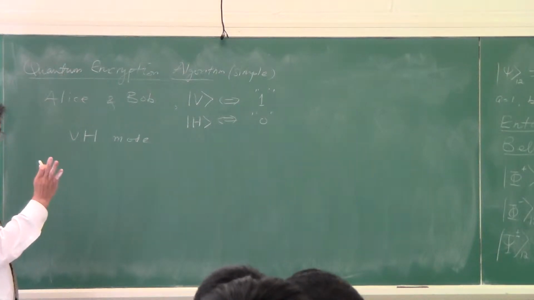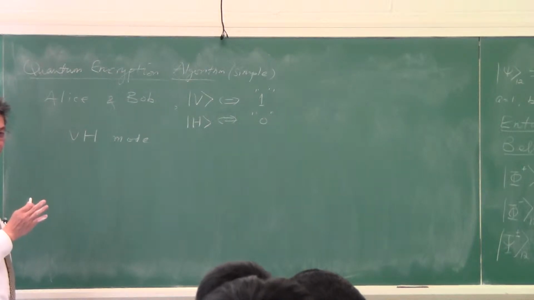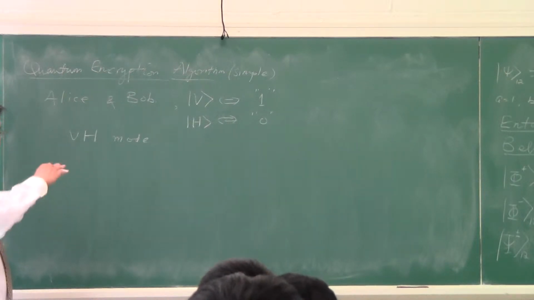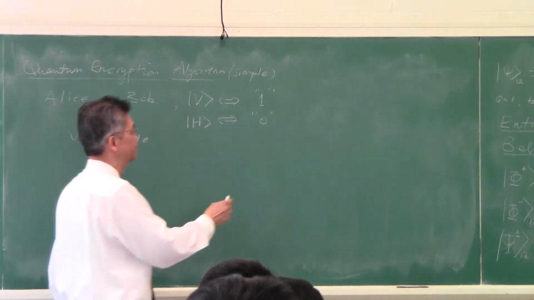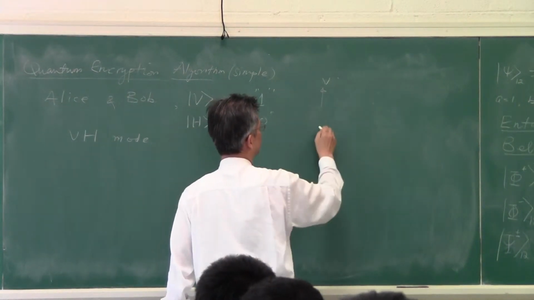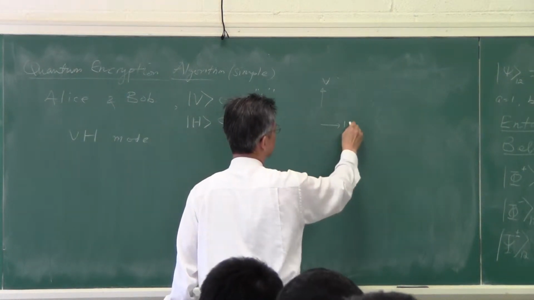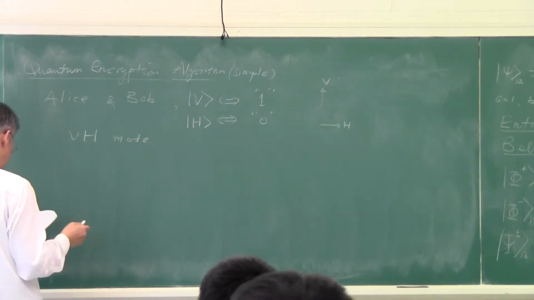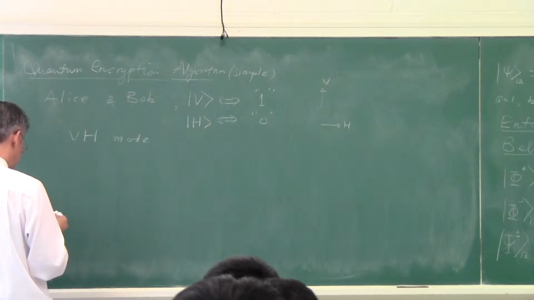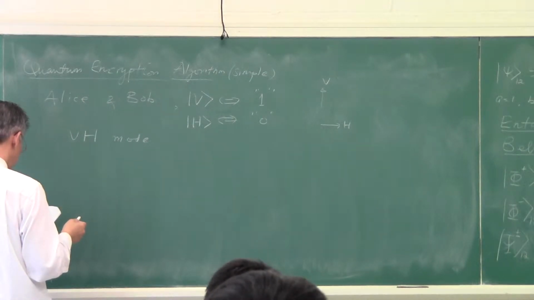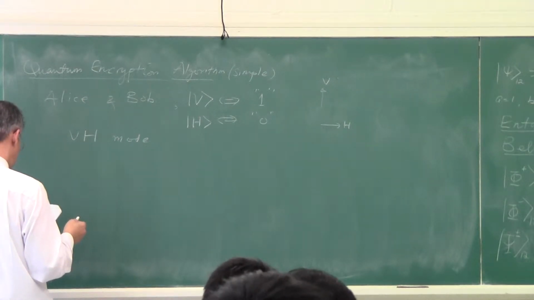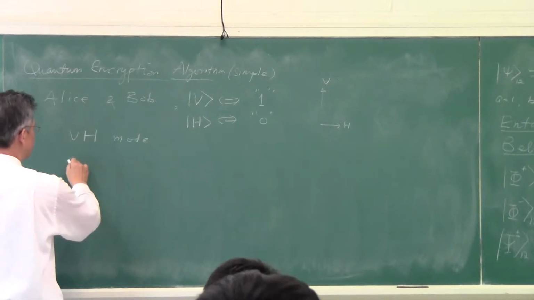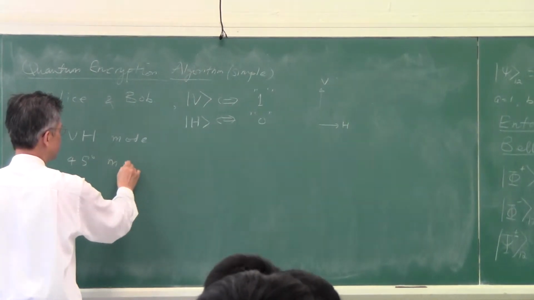that it is 45 degrees polarized, or minus 45 degrees polarized. This is as opposed to vertically polarized or horizontally polarized. There's another mode called the 45 degrees mode.